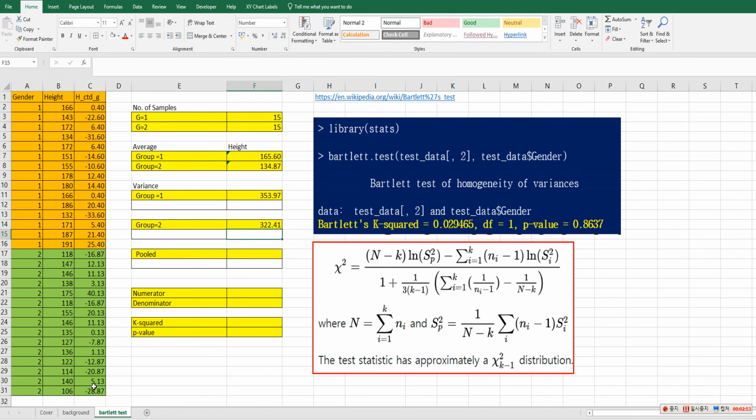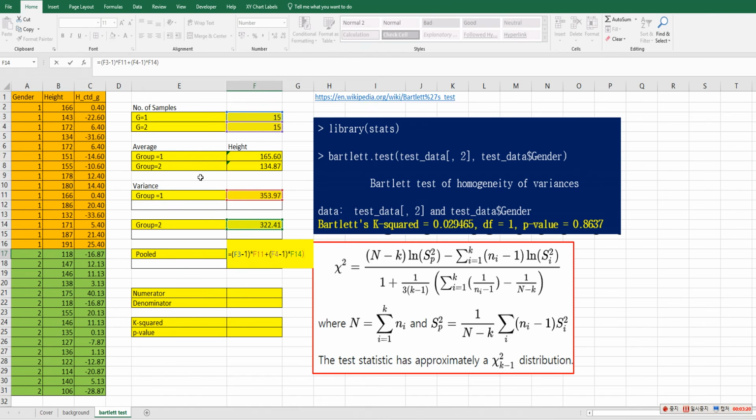Right. Let's get pooled variance. So the number of samples can be treated as weight. So 15 minus 1 times group 1 variance here plus 15 minus 1 multiplied by group 2 variance.